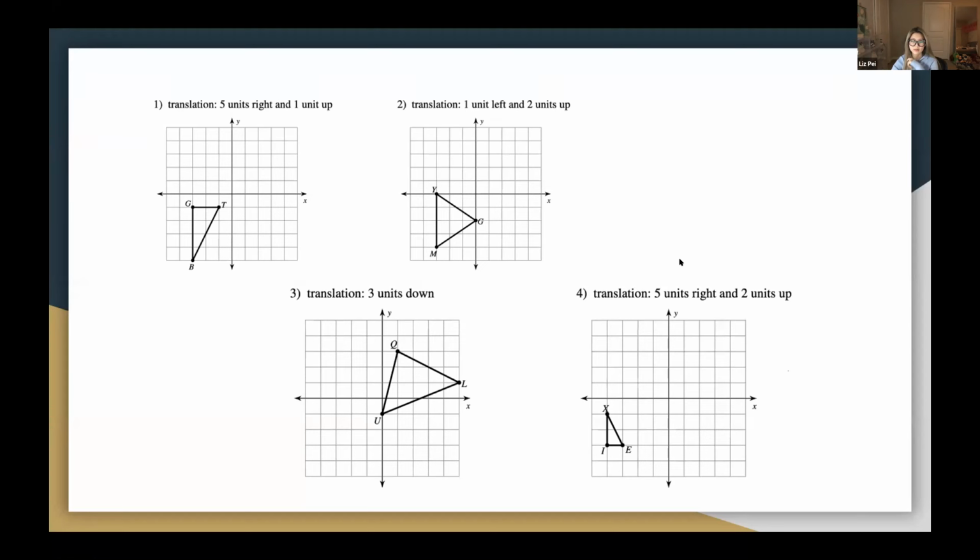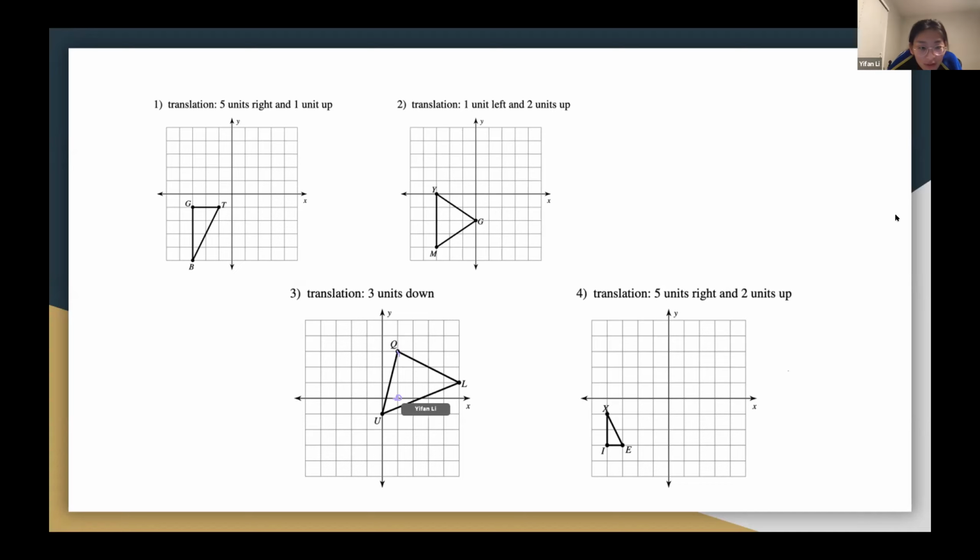All right, so that was about time. Ifan can go over number 3 with you guys. Okay, so for number 3, we just pick a point, for example, this Q, right? And it's 3 units down, so count down 3. 1, 2, 3, right here.